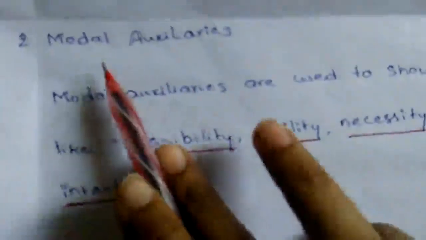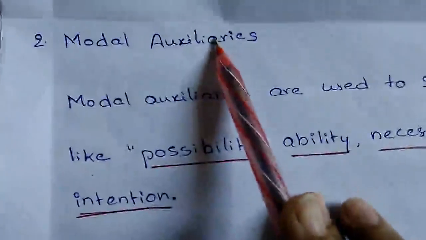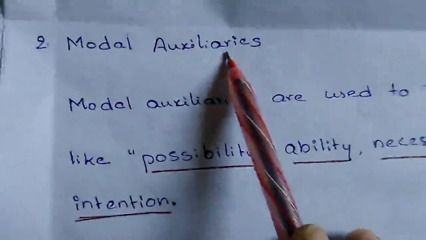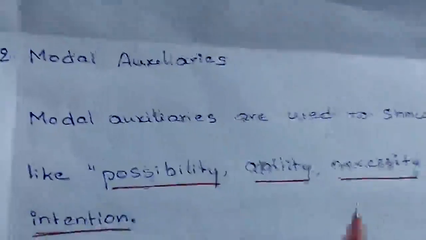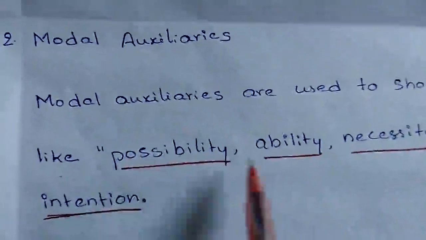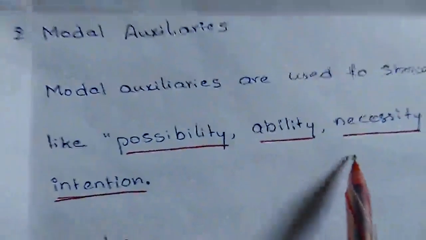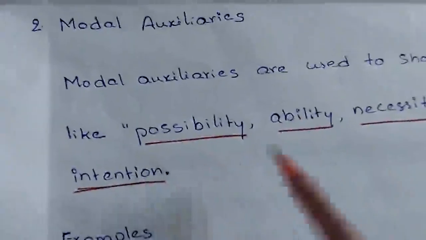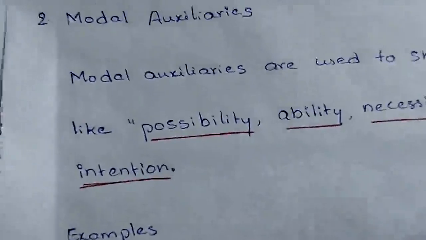In a sentence, if we use modal auxiliaries, they refer to ideas like possibility, ability, necessity, intention, compulsion, obligation.